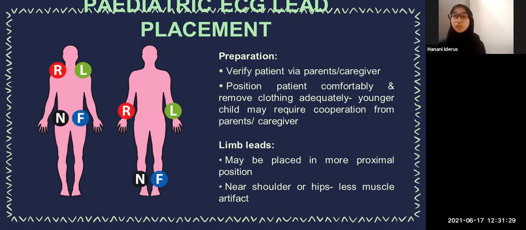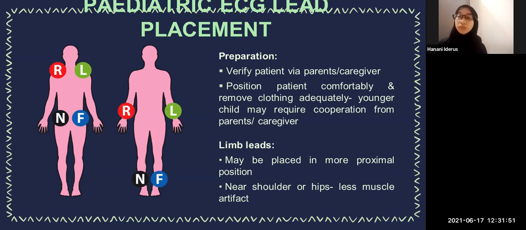Then we position the patient comfortably in supine position and remove the clothing adequately. For younger children, we may require the cooperation of the parent or caregiver to make sure the patient stays still, because any movement will disturb the ECG reading later on.